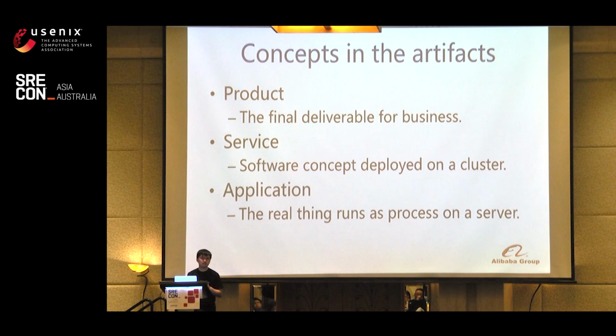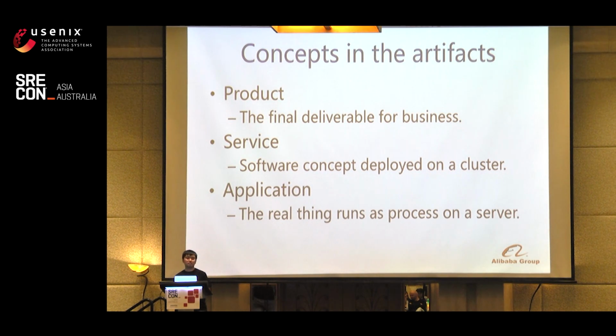The application is the real thing that runs on the server. Normally, we map one application to one kind of process on a server. Like when we have a Tomcat process, normally we model Tomcat as an application.